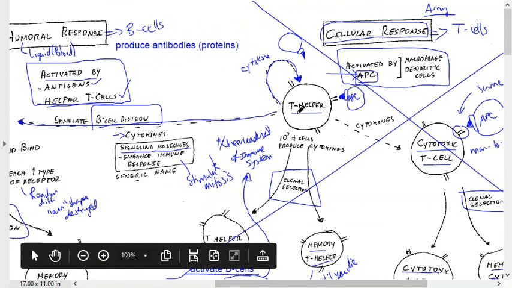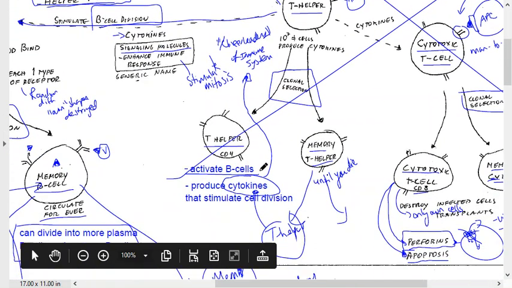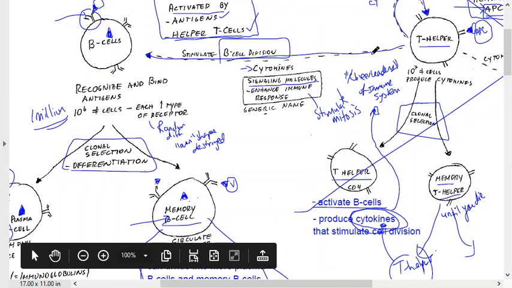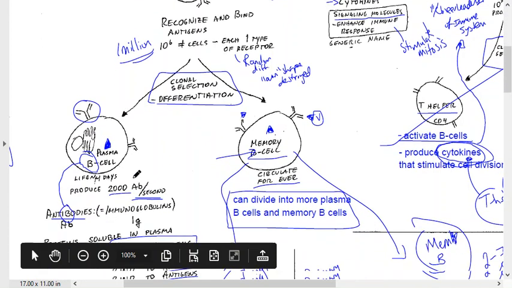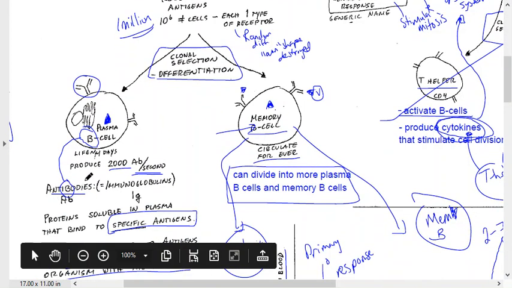Not only that, but because your helper T cells can no longer make cytokines because they're all dead, your B cells do not get the cheerleading, they do not get the stimulation they need from the cytokines to differentiate into the plasma B cells that produce the antibodies, which means your antibody count is going to remain very, very low.